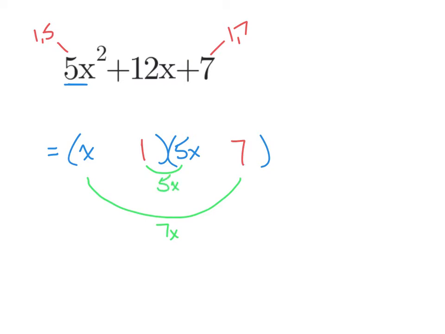Can we make a 12 using 5 and 7? Well, yes. We need this to be a positive 12, so we're going to need plus 7 and plus 5. That will make the plus 12 that we need. So our actual solution, when it's all cleaned up and looking pretty, is x plus 1 and 5x plus 7.